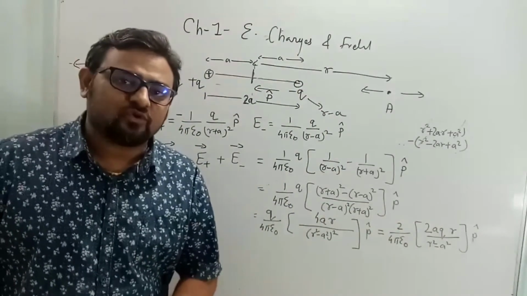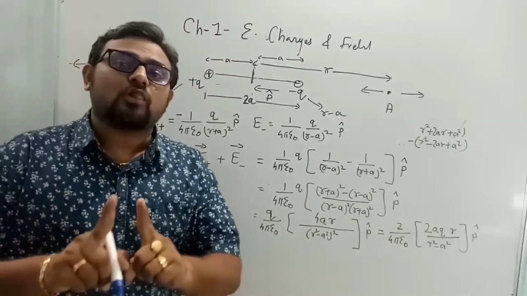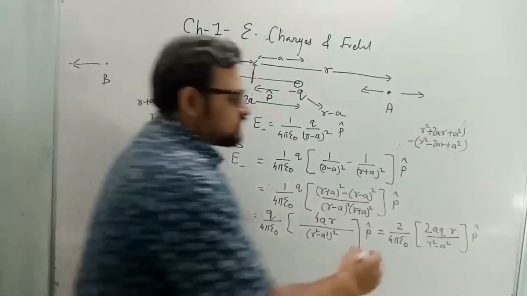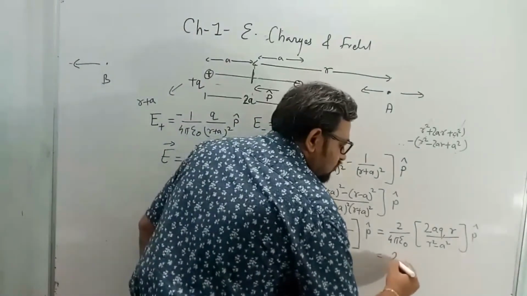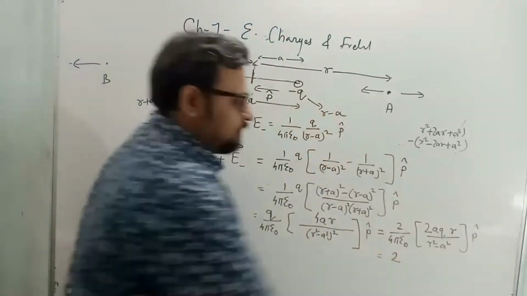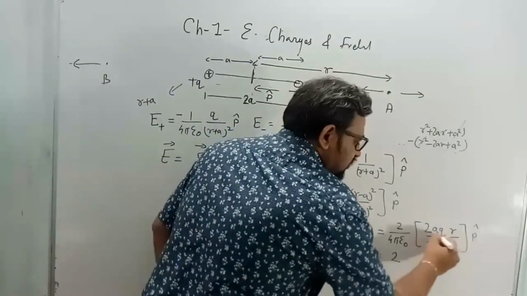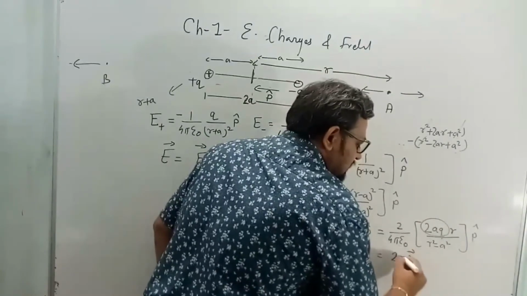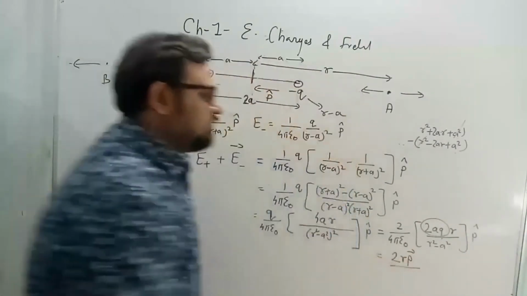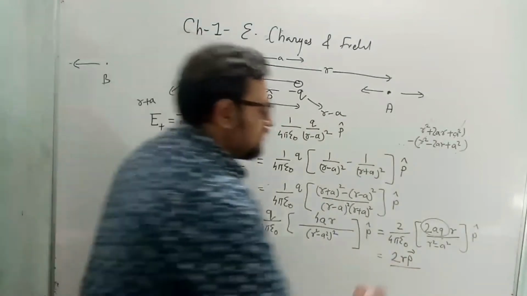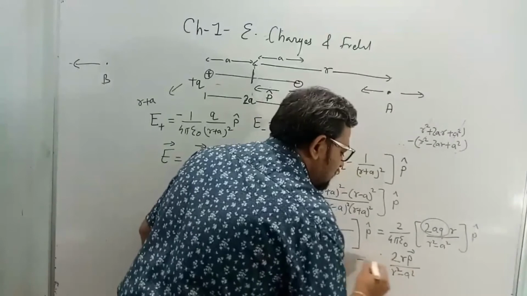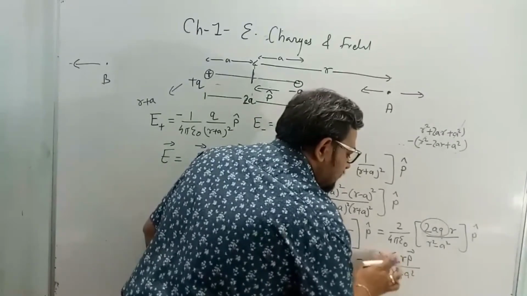What is 2aq? That is the dipole moment, right? That is the dipole moment p. So 2aq means p, r upon r square minus a square. Sorry, I forgot 1 by 4 pi epsilon 0.